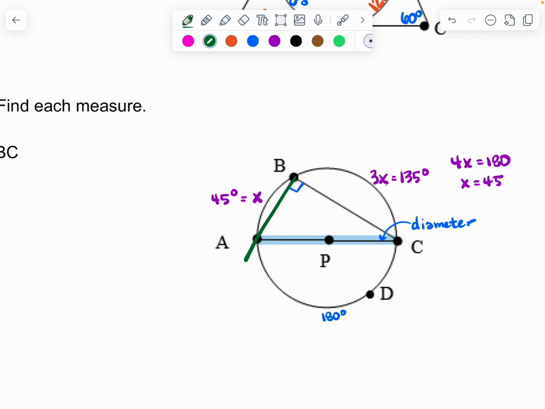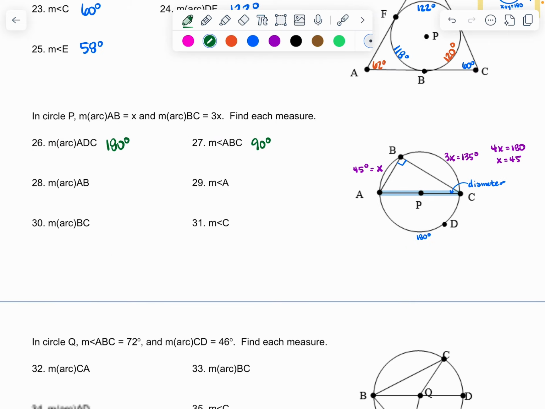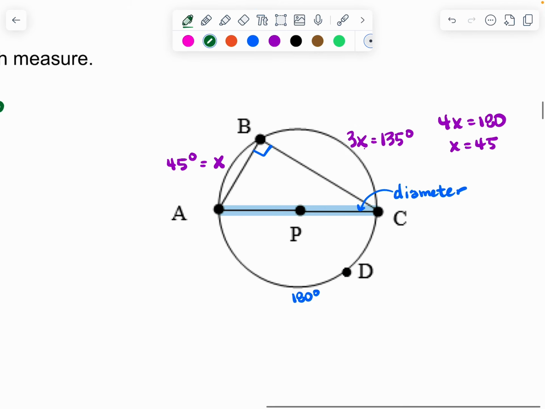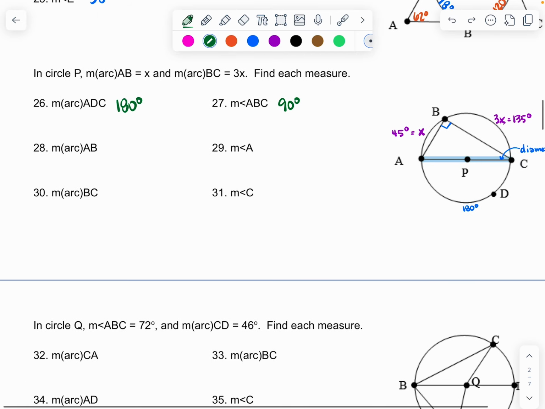Well, ABC is an inscribed angle intercepting a 180 degree semicircle, and inscribed angles are half of their intercepted arc, so it is of course 90 degrees. Arc AB, we already found by solving for x and plugging that back in. So it's 45.